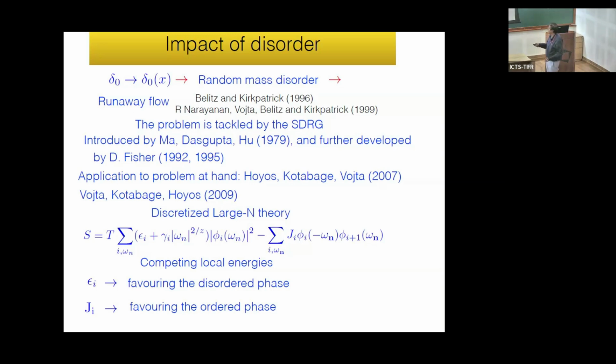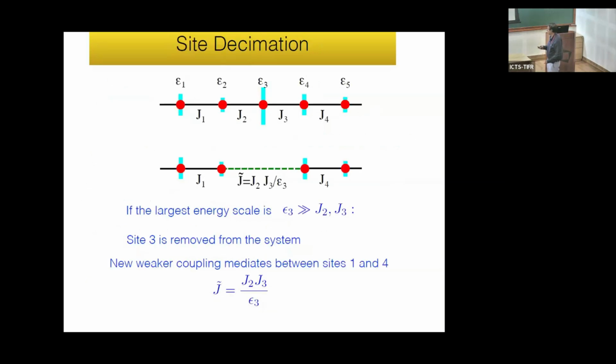When epsilon is large, you essentially live in the disordered or normal phase, and when J is large, you order into the superconductor. So you have a competition between epsilon and J, which they put on a firmer footing, called the strong disorder renormalization group.